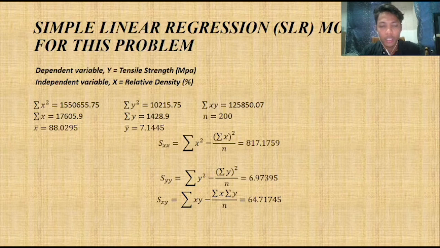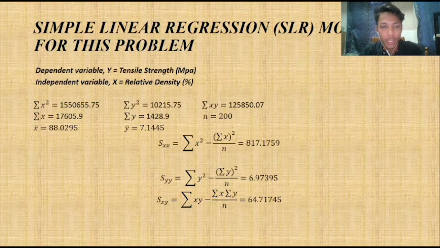Sum of xy equals 125850.07. Sum of x equals 17605.9. Sum of y equals 1428.9. n equals 200. Mean of x equals 88.0295. Mean of y equals 7.1445.